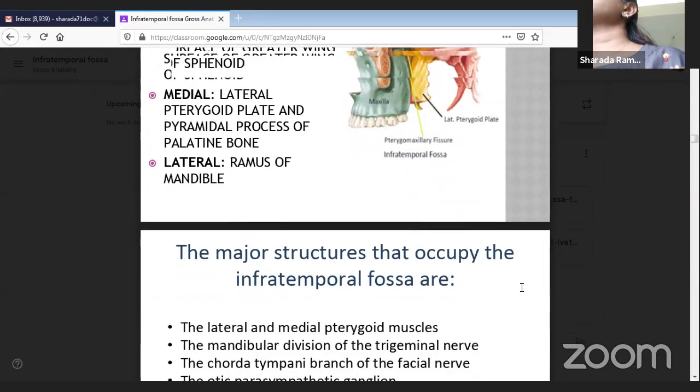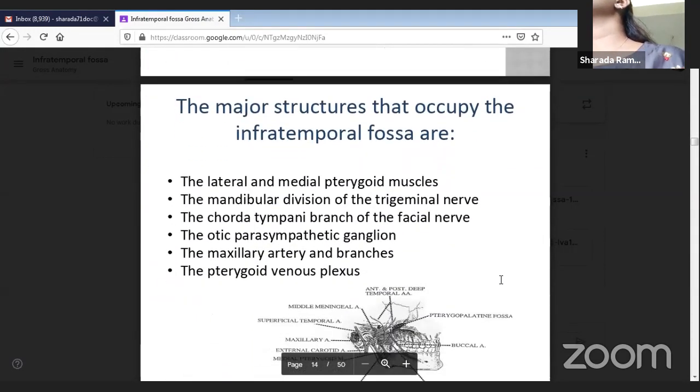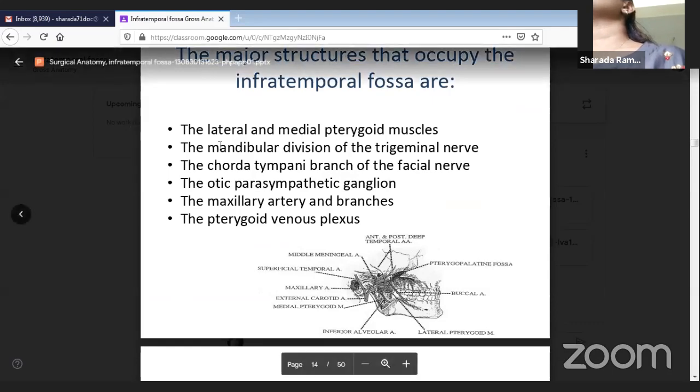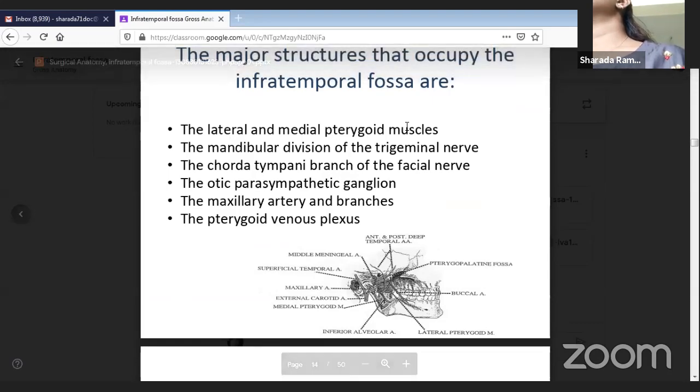So what are the major structures that are going to be present in the infratemporal fossa? We saw some muscles of mastication. So the medial and the lateral pterygoid muscles will be present, and the mandibular nerve is the one which is going to supply both the muscles. You are going to have the chorda tympani nerve that is going to come from the facial nerve.